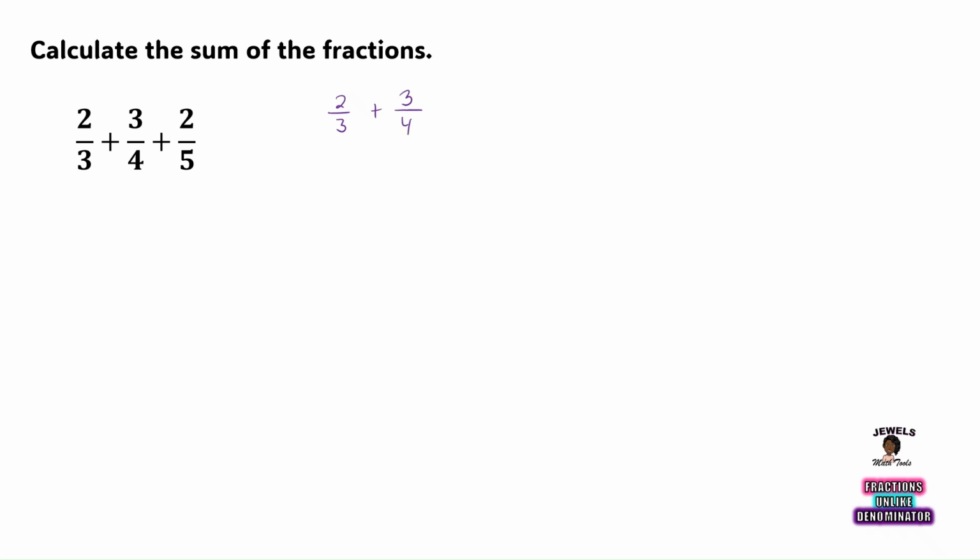Remember that with cross multiplication, I'm multiplying my numerator of 2 by the denominator of 4. So I'm multiplying 2 times 4, which is equal to 8. So 8 would be the numerator in my new fraction.